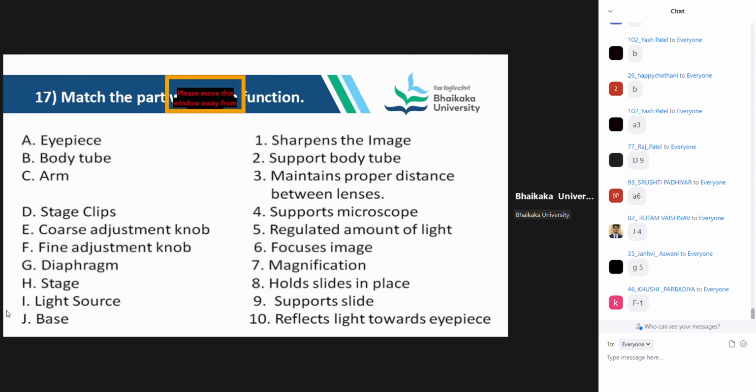Yes, J4. The base functions as the supporting system, supporting the microscope. Yes, F is for sharpening the image, meaning fine focusing. The stage clips are for holding the slide in place.